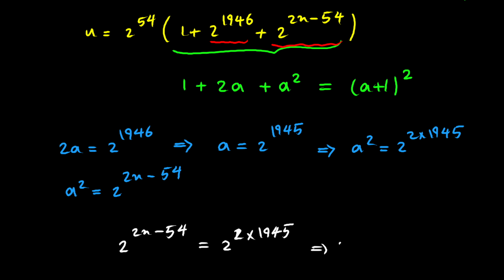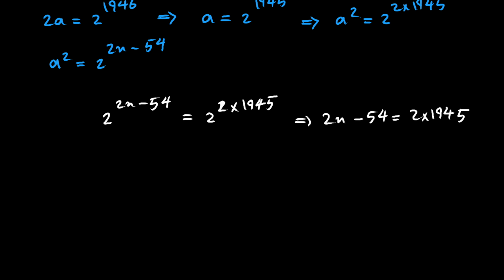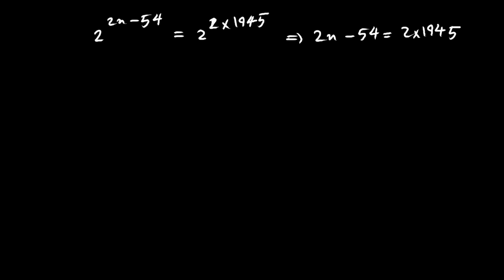From this, I can say that 2x minus 54 is equal to 2 times 1945. And now, since everything is divisible by 2, let's divide everything by 2 to get x minus 27 is equal to 1945. And from this, I can see that x is equal to 1972.